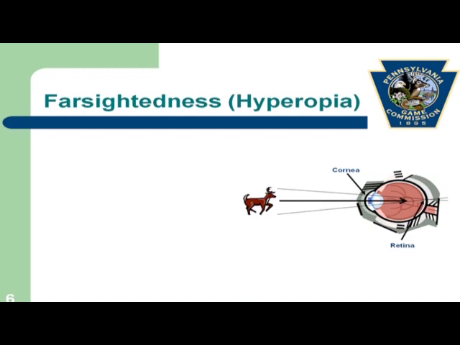Farsightedness, or hyperopia, occurs when the cornea is flatter or the eye is shorter than the normal eye. Light entering the eye focuses behind the retina instead of directly on it. Students with this condition have difficulty seeing things up close and get eye fatigue when reading.